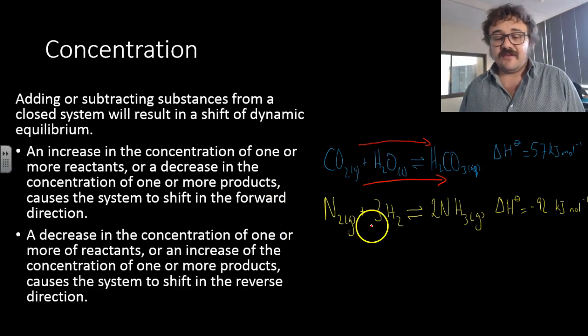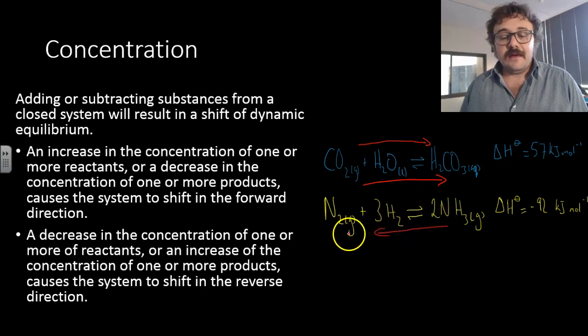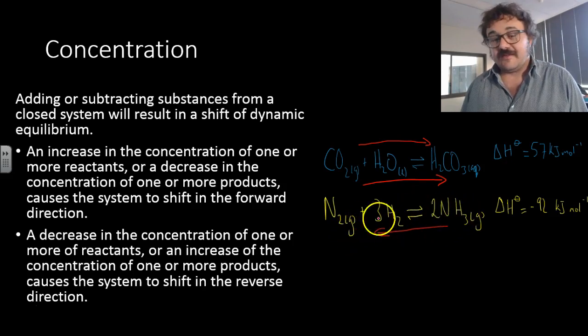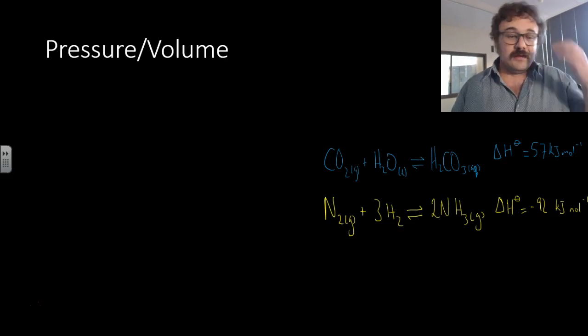If we decrease the concentration of these, so here we're trying to produce nitrogen, and we take nitrogen out, that will cause this reaction to move in this direction. If we increase the concentration of this, which is the same thing, as we take this out and increase that, it'll also cause it to go in this direction. And that's concentration. Remember, it's going to go in the opposite direction of the change you made.